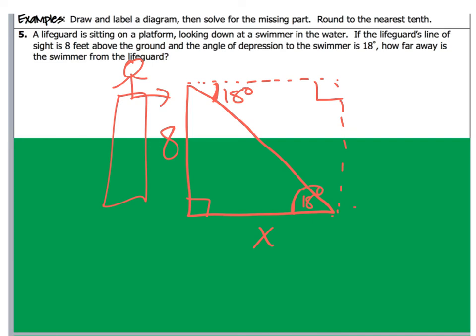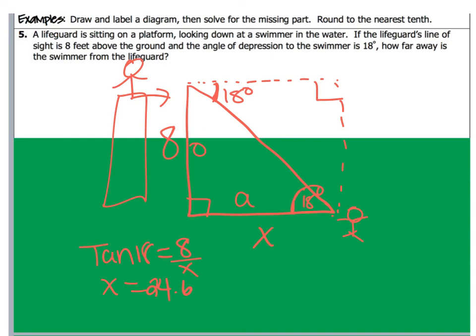So we can do standing down here, opposite and adjacent, and that would be tangent. So tangent of 18 is equal to 8 over x. And once we solve it, we get x is equal to 24.6.